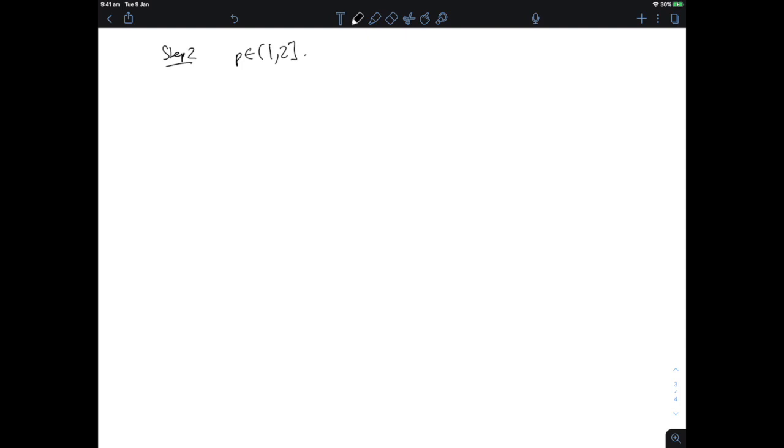The first thing we need to realize is that the operator T that we can see as a bounded linear map on L2 is self-adjoint. Now, why is that?